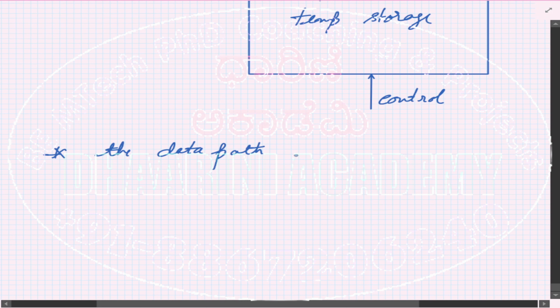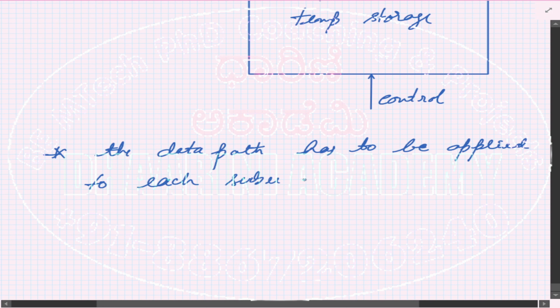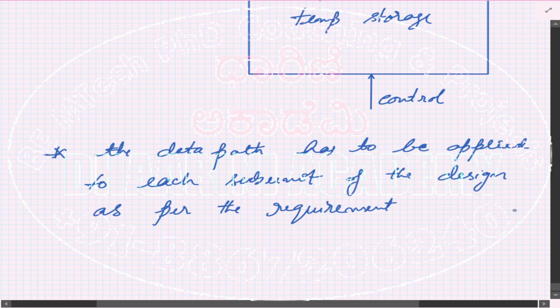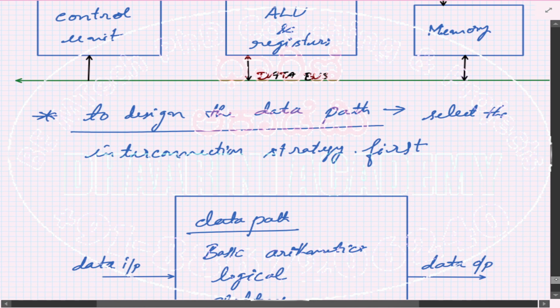The data path has to be applied to each subunit of the design as per the requirement, and whatever you have chosen earlier.